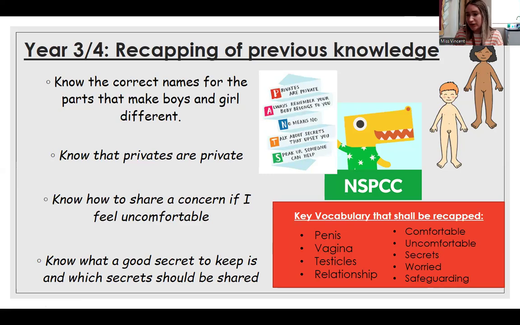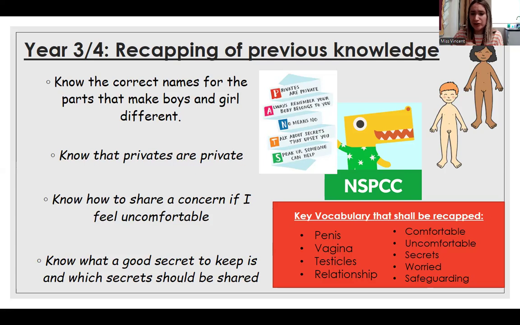And within that, the key vocabulary that we'll teach are words such as penis, vagina, and testicles, just so that if there was ever any need for them to make a disclosure or to make sure that they're keeping themselves safe, they know those technical terms that they could use with a professional or a doctor or somebody like that. And then we also recap from Key Stage 1, knowing that privates are private, and we look at the pants rule that they would have learnt in Key Stage 1.